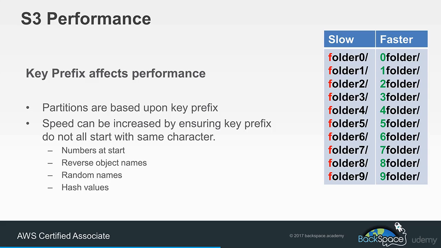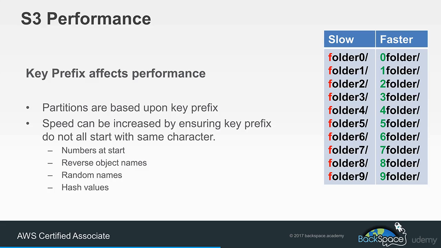If you're uploading objects and they're all called object 1, object 2, whatever, or you're creating folders that are called folder 0, 1, 2 and whatever, like we've got there, that will be quite a slow process because your partitions are based upon key prefix. So you're going to be creating that within one partition, and your searching of that through Amazon S3 will be significantly slower than if it were making advantage of multiple partitions.